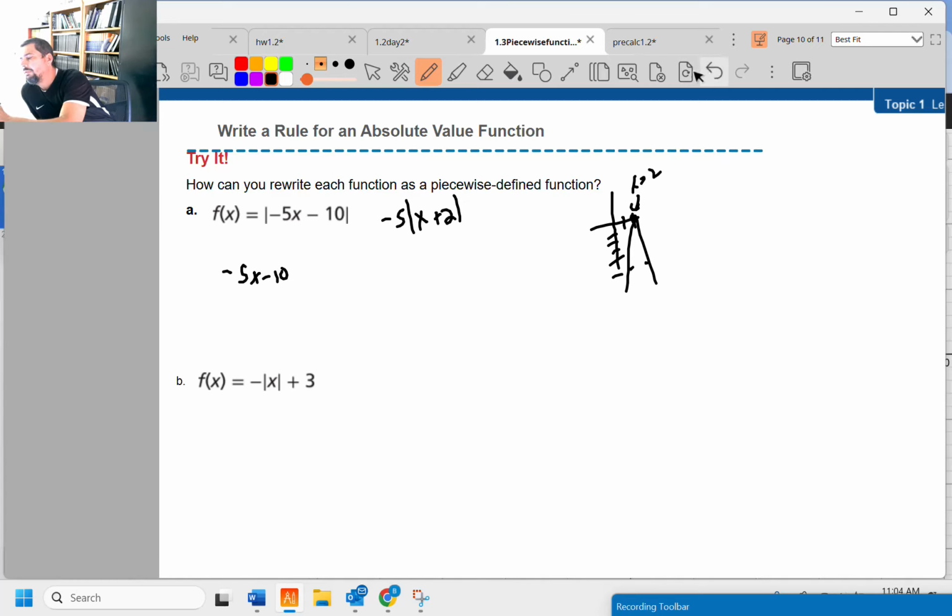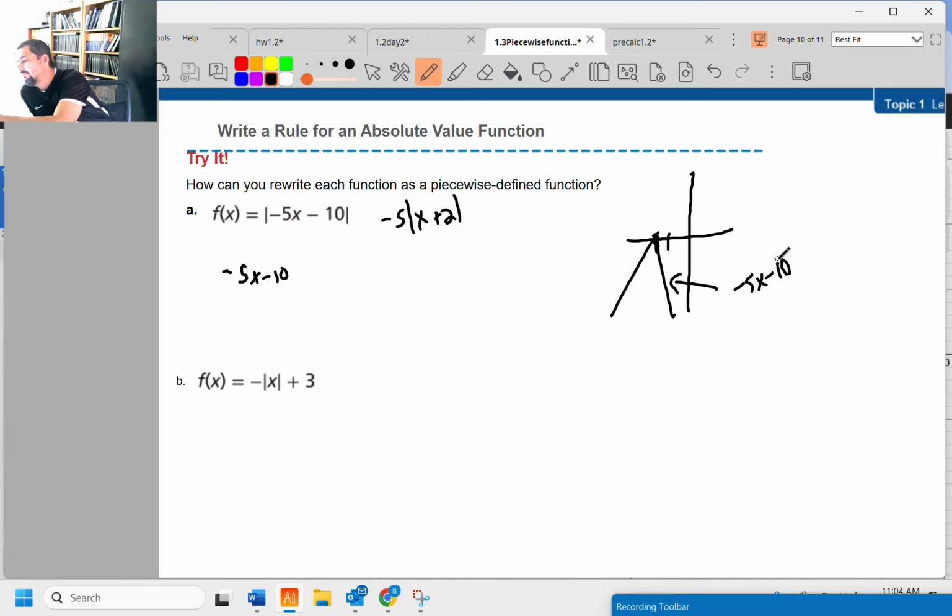Oh, I went the wrong direction with this thing, didn't I? Oopsie. I should have gone left too. Even I'm guilty of that. That would be this piece right here. That's the -5x minus 10. So it takes over when x is bigger than -2.